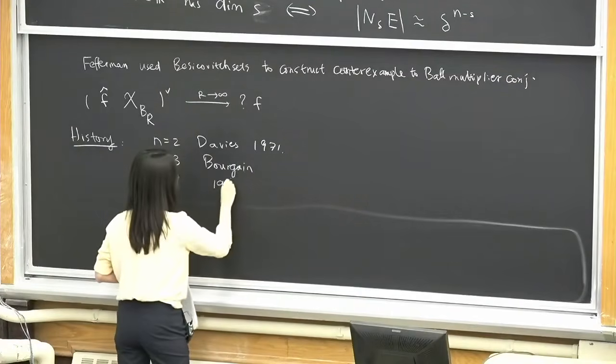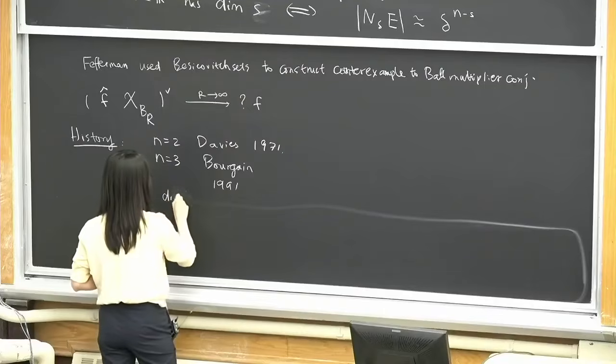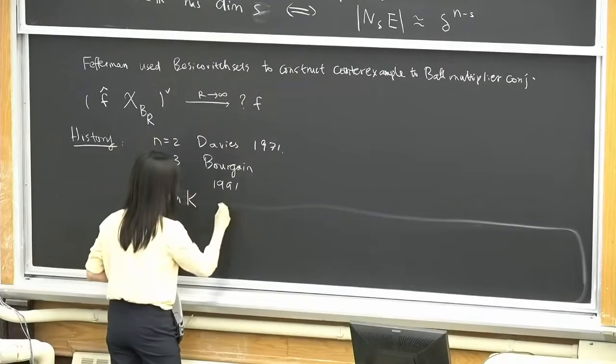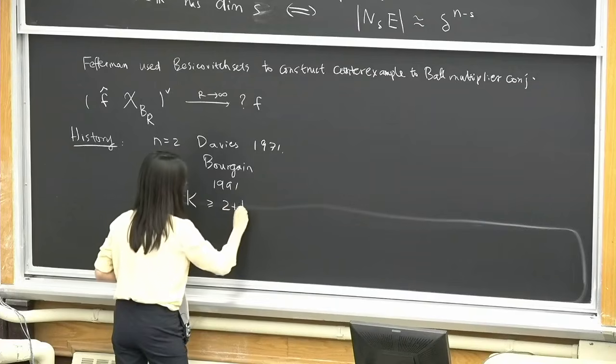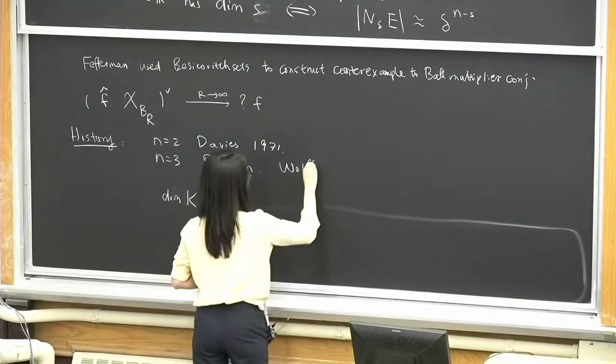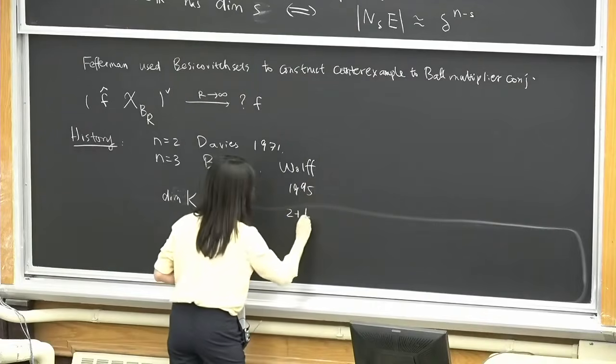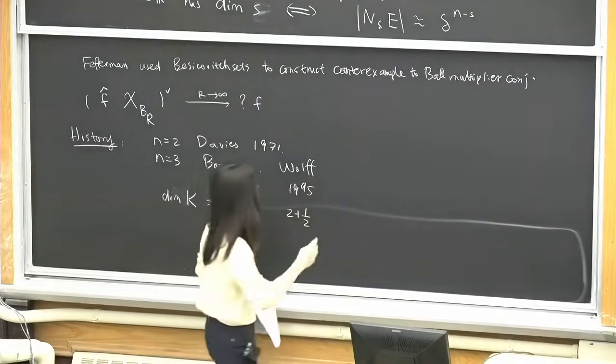So Bourgain proved in 1991 that the Hausdorff dimension of a Kakeya set should be greater than or equal to 2 plus 1/3. And Tom Wolff proved in 1995 that the Hausdorff dimension should be greater than or equal to 2 plus 1/2.